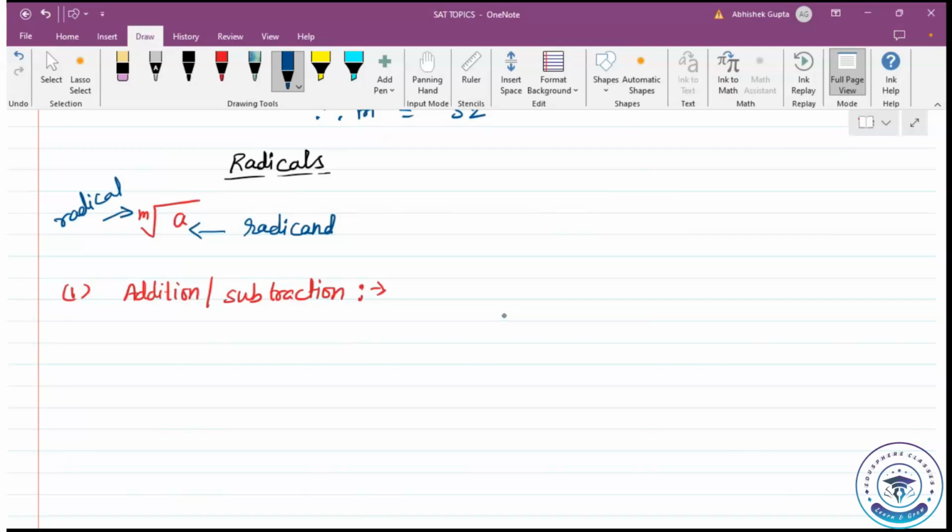So in those cases, the rule about addition or subtraction of radicals is to add two or more terms containing radicals.